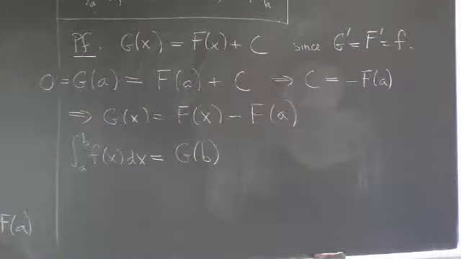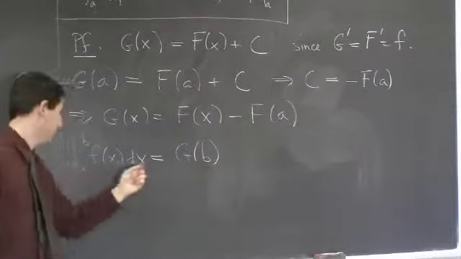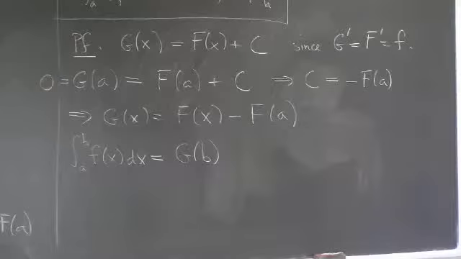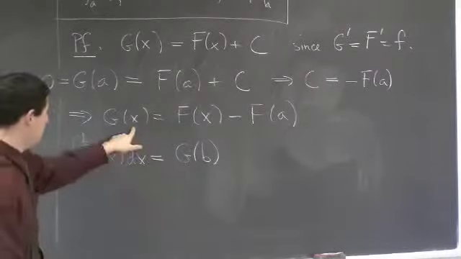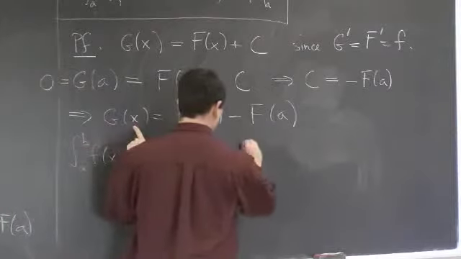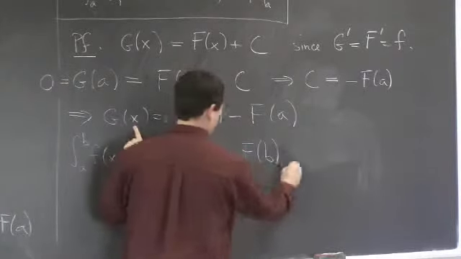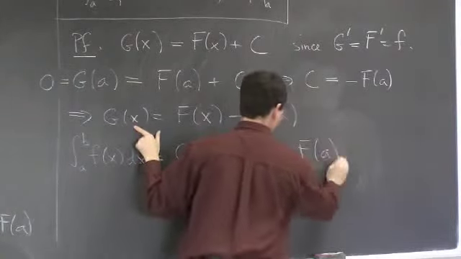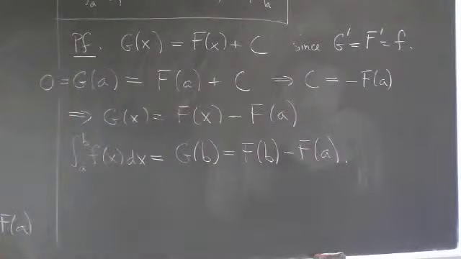If you look back in your notes, you'll see right after we defined g of x, we wrote down what g of a equals, it was 0, and what g of b equals, it was this. Now, by the above formula, g of b is equal to f of b minus f of a.